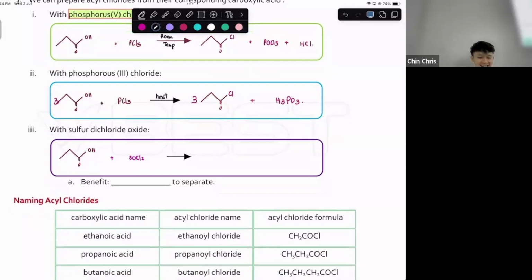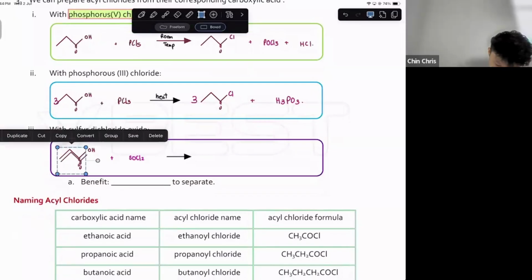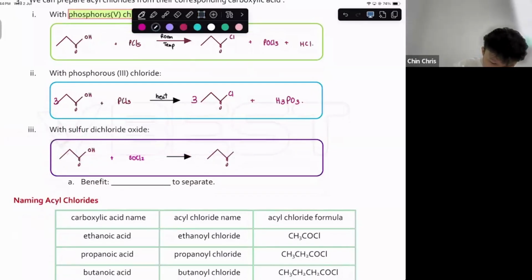Alright, guys, let's go. Last one. Turn into a propanoyl chloride also. Cl is here. Okay, and SO2 and HCl. That's it. This is also under room temperature. Well done.